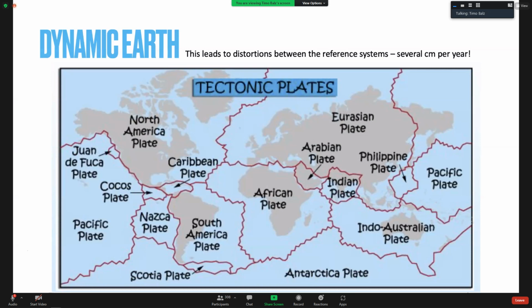So that is now 30 years old. If we assume the Eurasian plate is moving 2 centimeters per year, that's easily 60 centimeters off now in absolute coordinates if we do not correct for that, right? If you are from geodesy and you know what you're doing, it's easily corrected, okay? But one has to be aware of that.